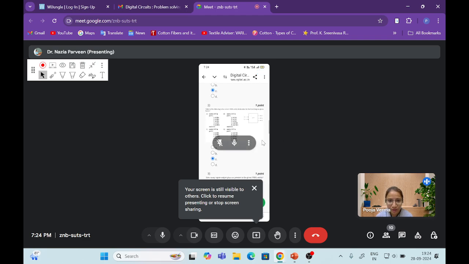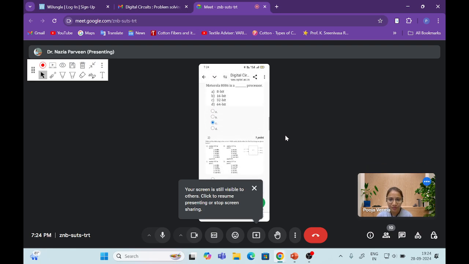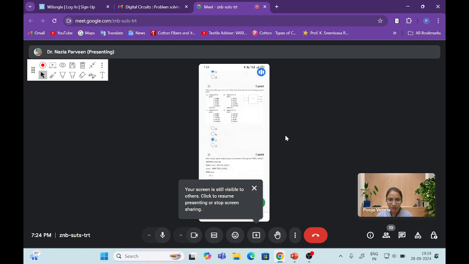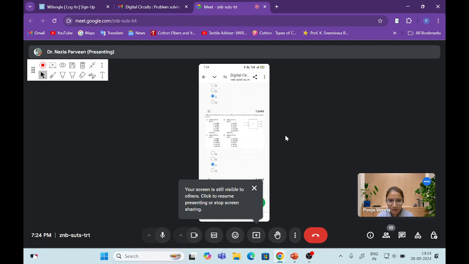Can you zoom it a little bit? Actually, it is visible, but it is very small. Wait just a minute. I am also using a phone for this meet, that's why I'm not able to see it clearly. So, can you just read it?